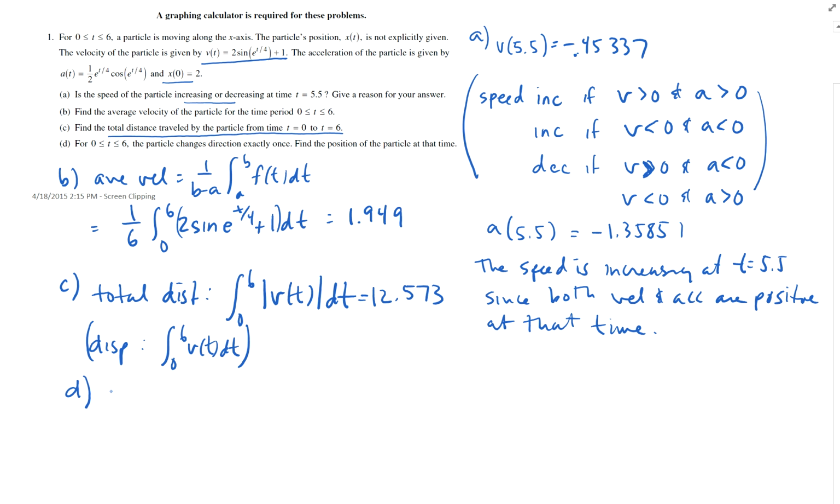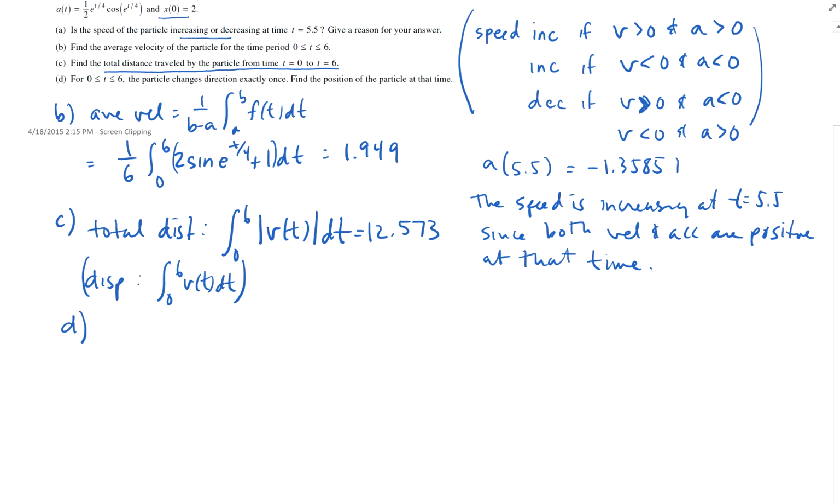D. For 0 to 6, the particle changes direction exactly once. Find the position of the particle at this time. So how do we determine when the particle changes direction? Well, I know when it changes direction, the velocity must equal 0. So how do I determine where the velocity equals 0?